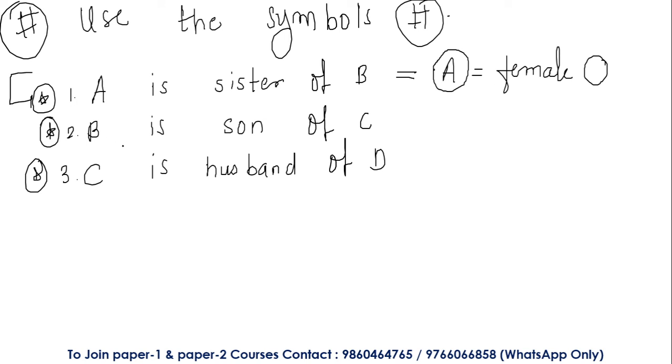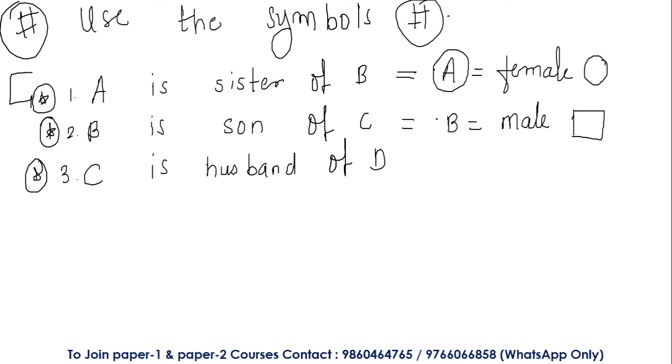Statement number 2, B is son of C. B is son, it means he is a male character, and for a male character the symbol that we have assigned was a square shape. Please look at the notes that I have given you. I have asked you to take screenshots of those. If you have not written it in your notes, please pause the video and write it, and try to understand what I am doing over here.